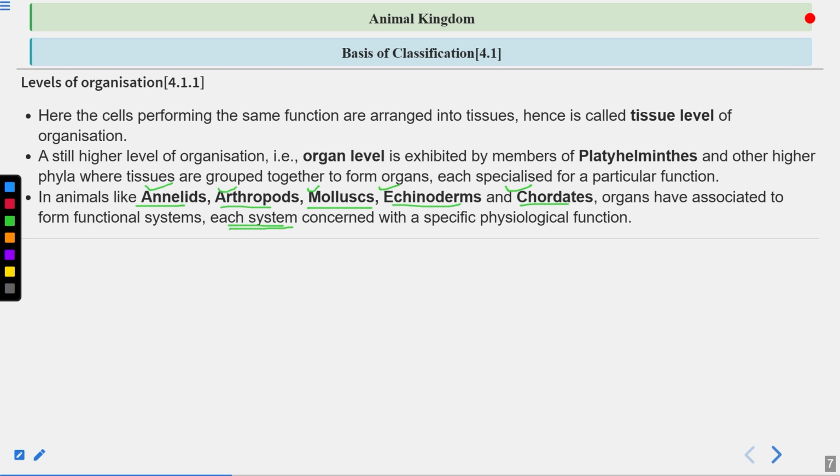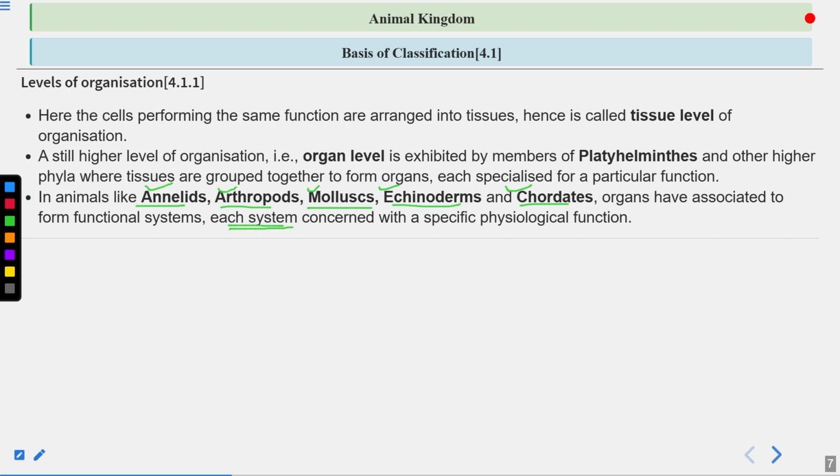So as you move to the higher grade of organism, advanced organism, you will see that they have some advanced features, because those organisms are more complex. Like we humans are the most complex organism, right? And we have different systems in our body. We have digestive system, nervous system, circulatory, respiratory, reproductive system, muscular system, skeletal system.